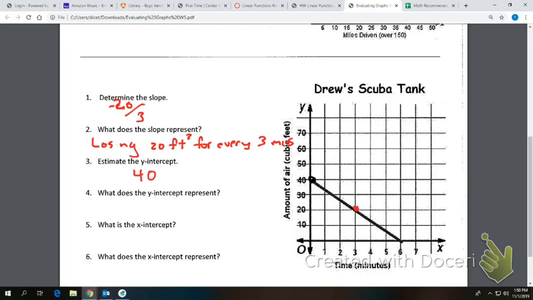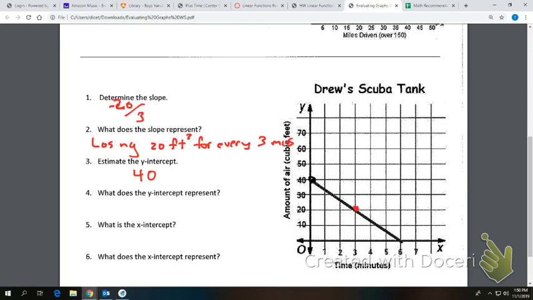What does that 6 minutes mean? Without telling me this next part, I don't know. You're not telling me you understand what it means. Drew's scuba tank at 6 minutes. Do you need to phone a friend? Connor?